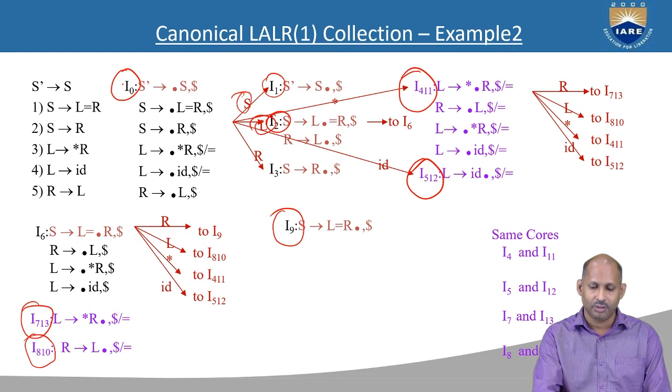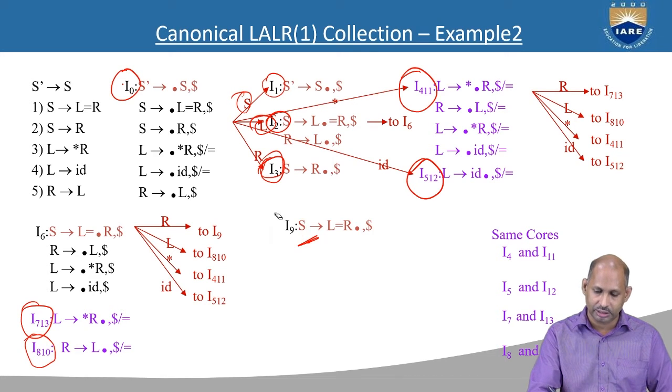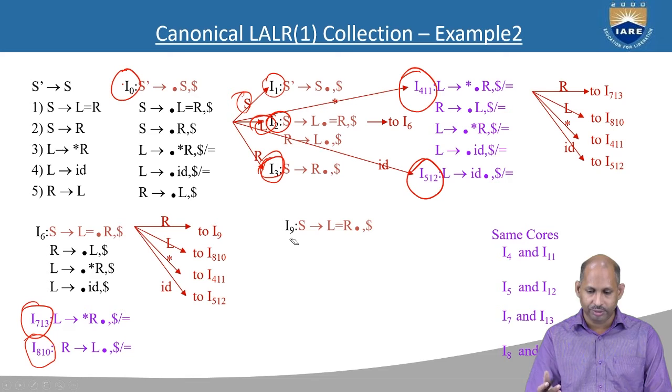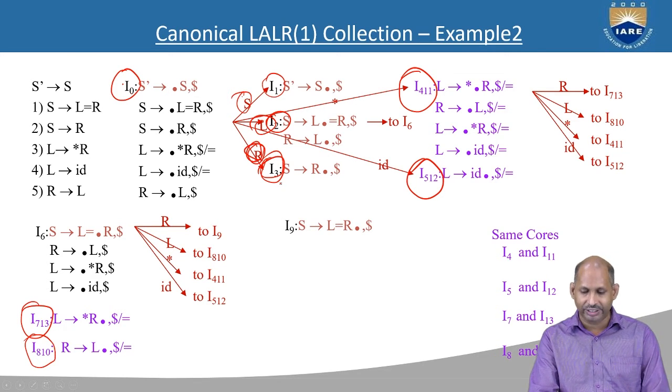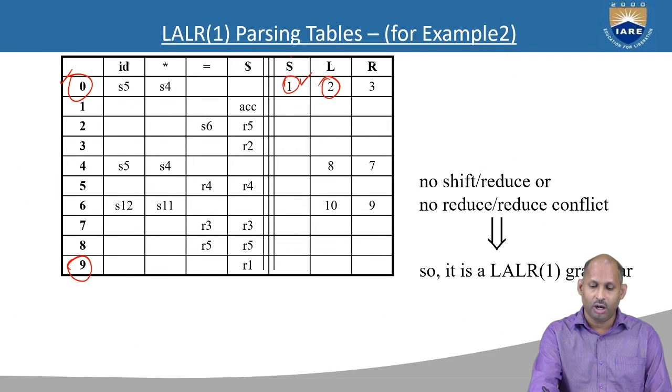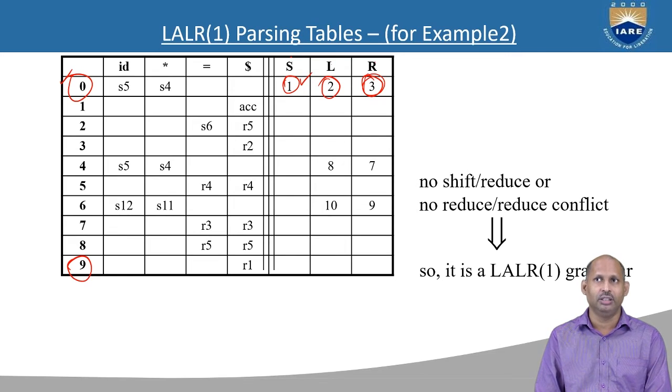Then I0 on R goes to I3. On R it is I3. In the goto table, in the variable column R, we write the number.